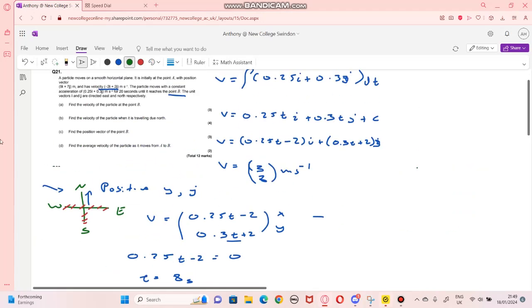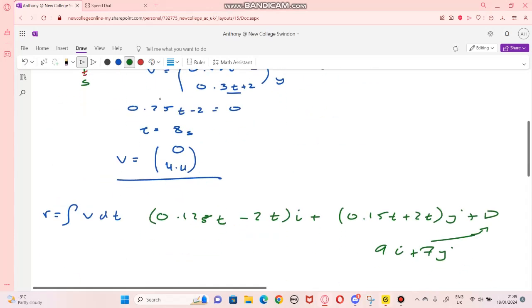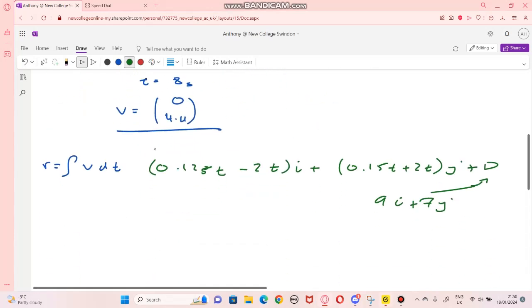We look at the equation again, and it says at 20 seconds it will reach B. So we plug in t equal to 20 for all of our t's in our displacement equation. Once you've plugged that all in, you'll get r is equal to 19i + 107j.